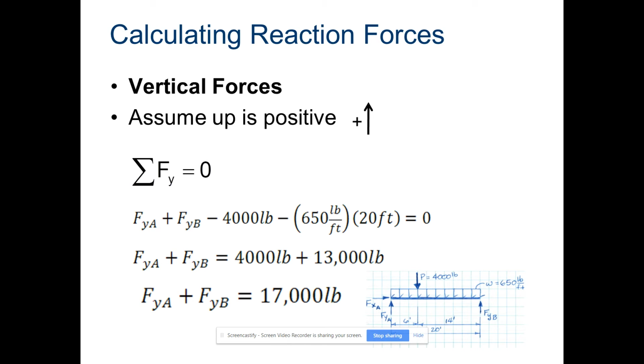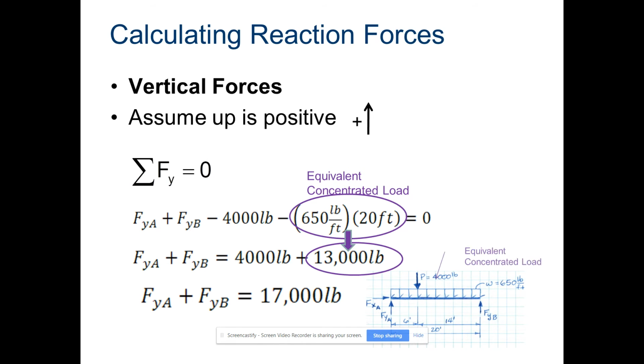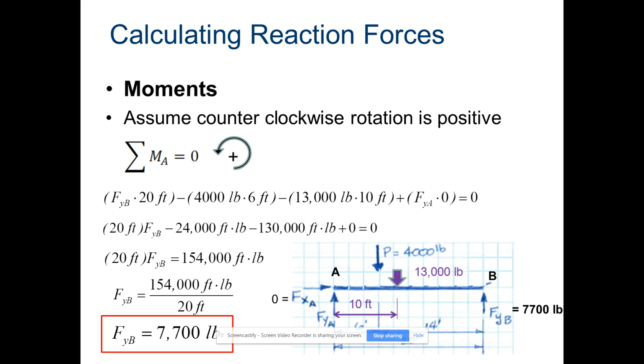We cancel out the feet, and that comes out to 13,000 pounds. And we have our 4,000 plus 13,000 comes out to 17,000 pounds. Okay, that's an equivalent concentrated load. And when we talk about the equivalent concentrated load, we look at it at the midpoint of the beam.